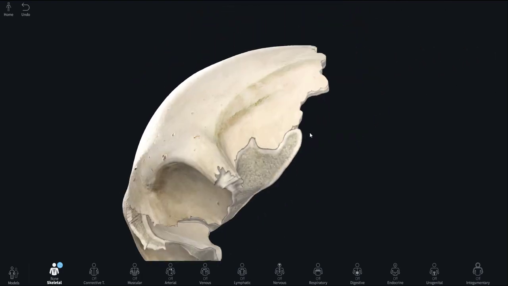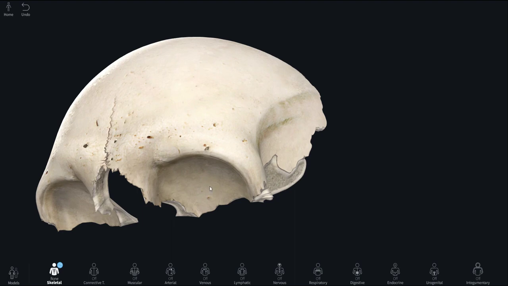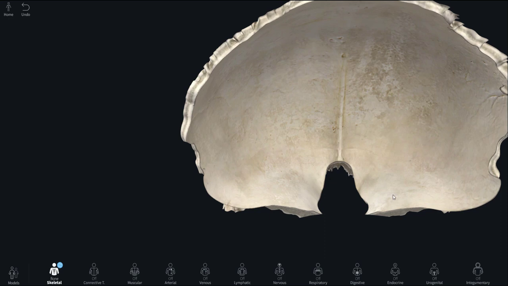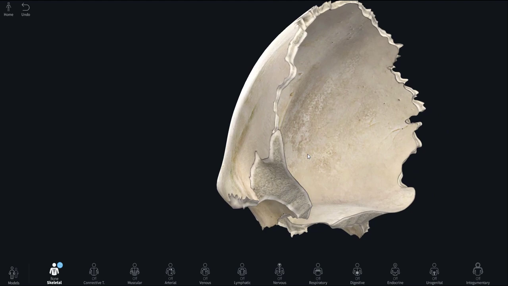One is the external surface, which is called the orbital surface because it is forming a part of the bony orbit. And an internal surface, which is related to the cerebrum, right? This is the brain cavity. That is why it is called the cerebral surface. These are the two surfaces of the orbital plate.